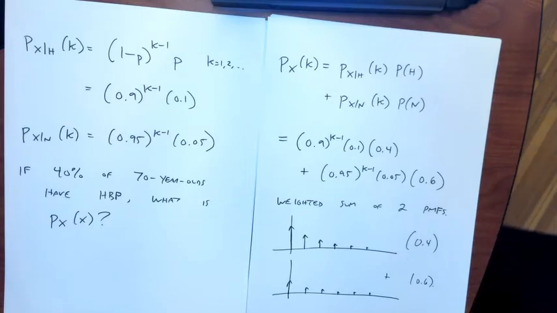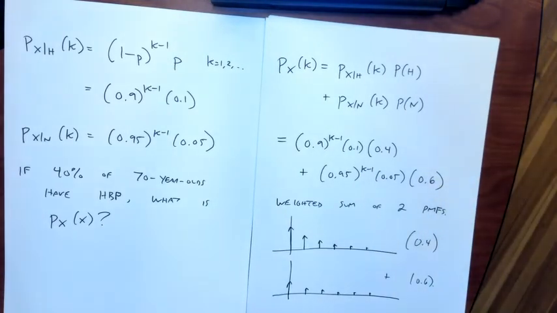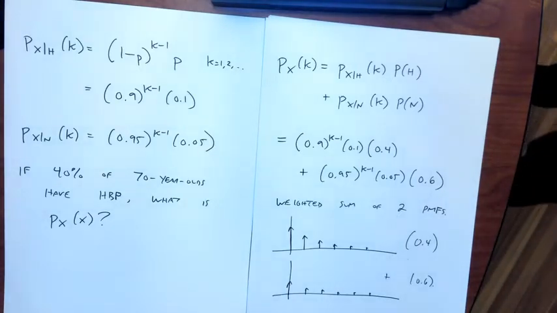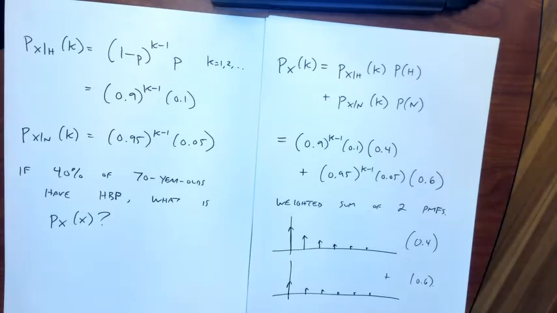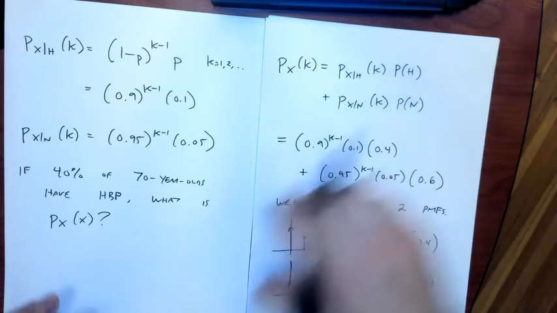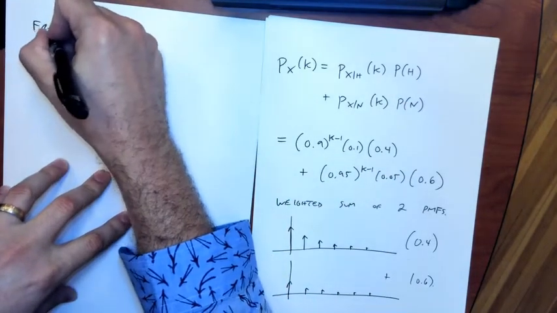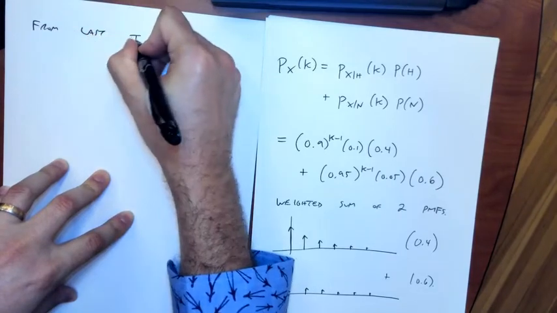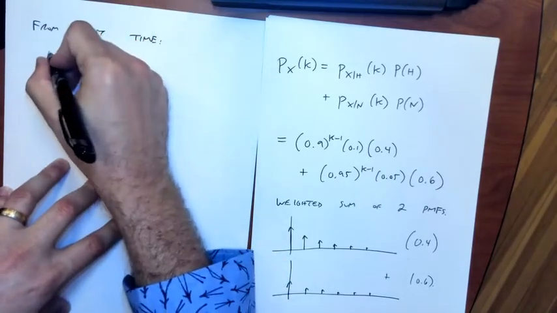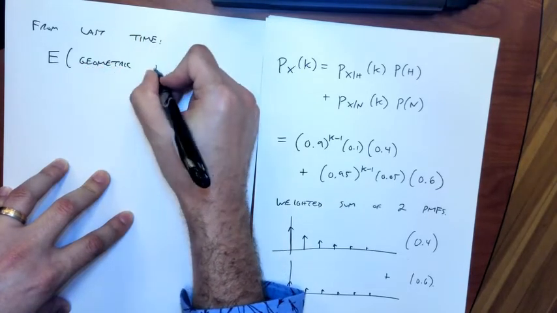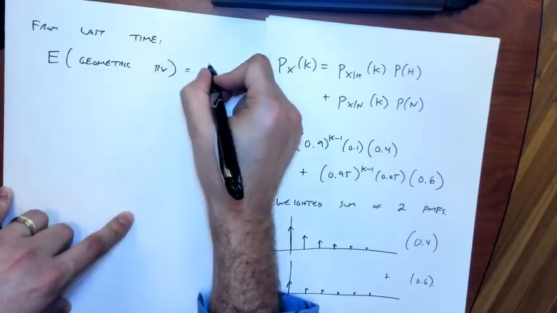We learned last time that once we know the p-value for this geometric random variable, we can look it up in the table and say, I remember now that the mean is 1 over p. So from last time, the expected value of a geometric random variable was 1 over p.